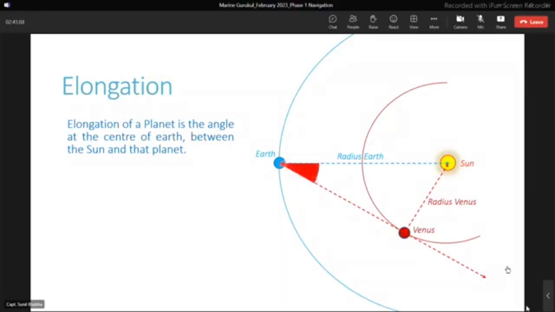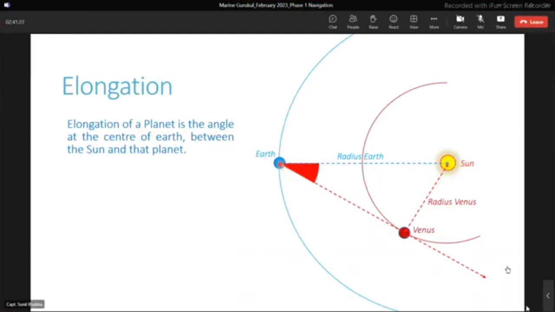Let's try to match with the definition of elongation. The definition says elongation of a planet is the angle at the center of the Earth. You see this red angle is being made at the center of the Earth between the Sun and the planet.